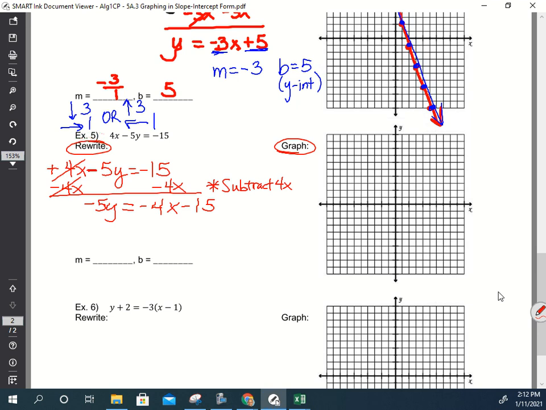Easiest way to know if you're going to divide: if there's a number sitting in front of the y variable, at some point you're going to have to divide. So the negative 5's drop out. What's a negative divided by a negative?